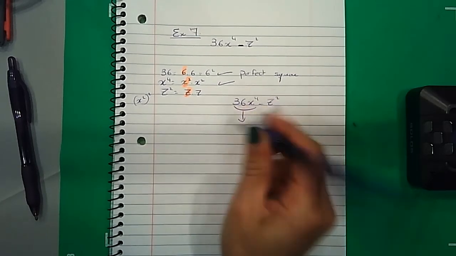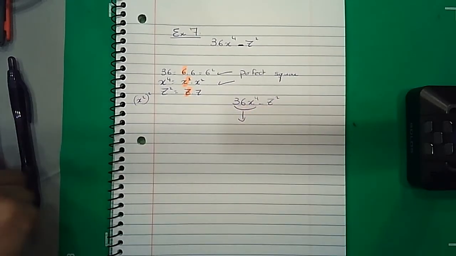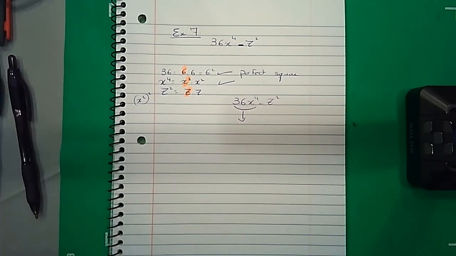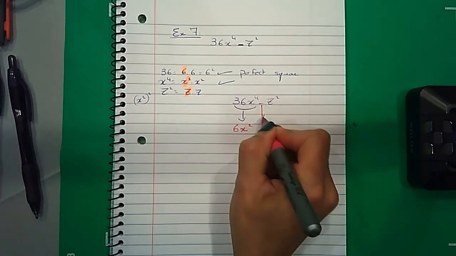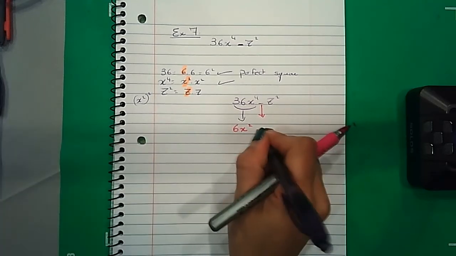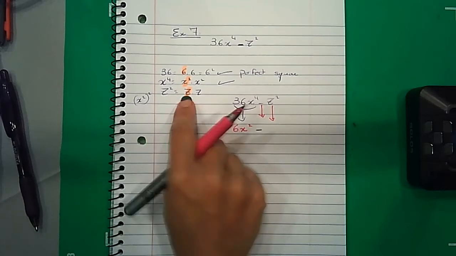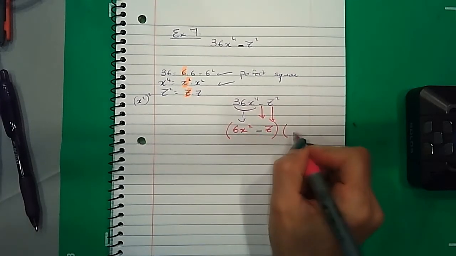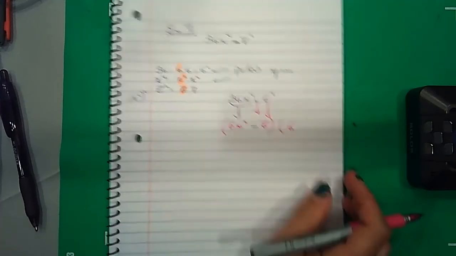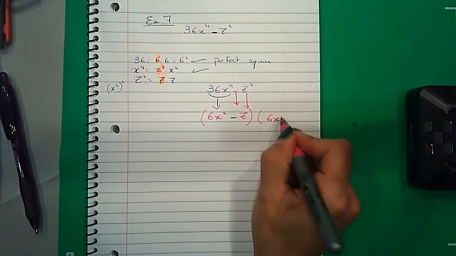So we agreed that this will be 6x squared, I'm going to drop this down, minus the z, we agreed that it's going to be z, and then we're going to open parentheses, the other one has to be positive.